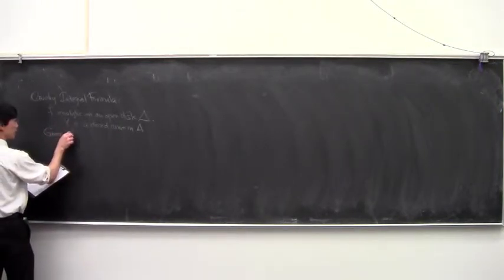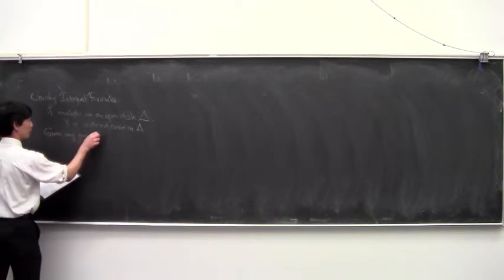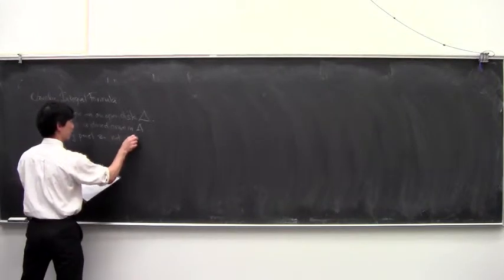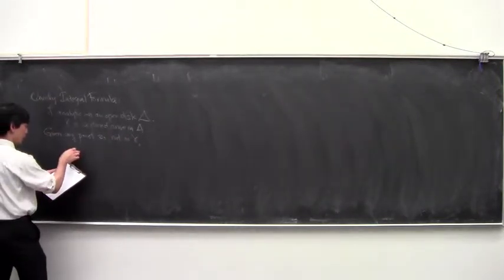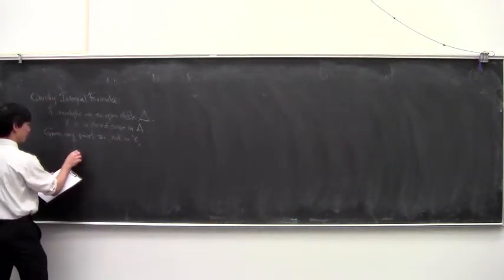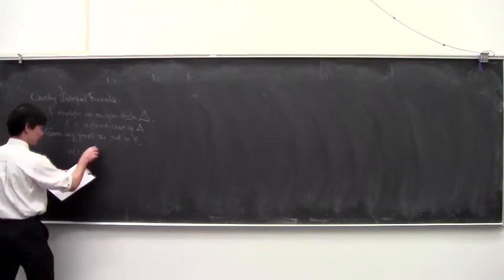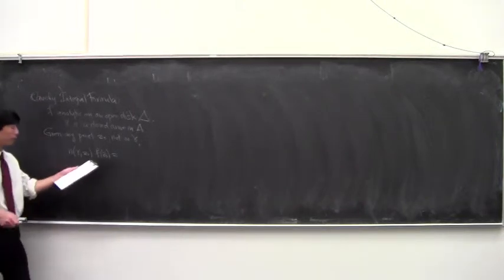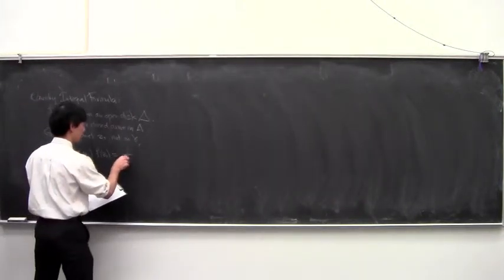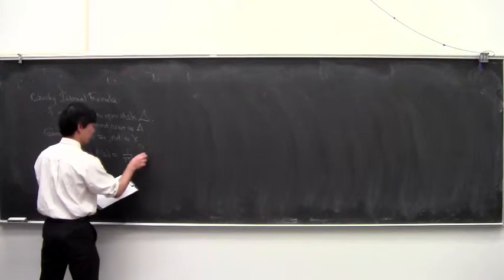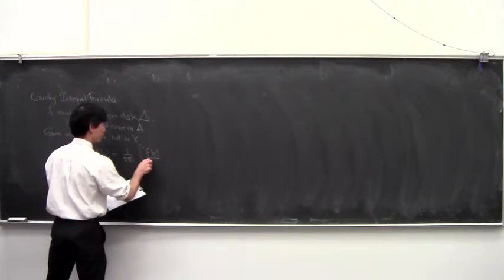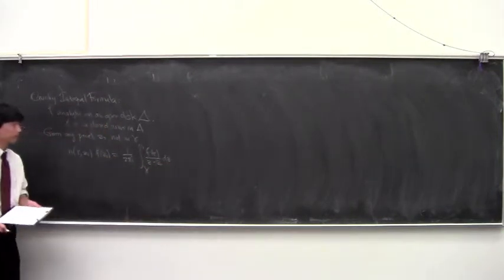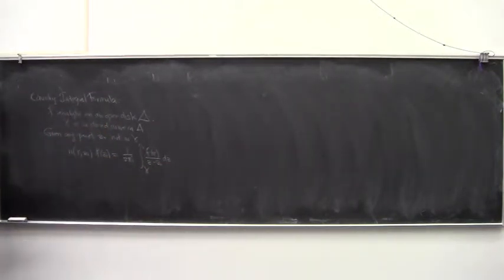Given any point z naught not on gamma, it turns out that the winding number times the value of f at z naught equals 1 over 2 pi i times the integral over gamma of f(z) over z minus z naught dz. Right? That's where we finished up.